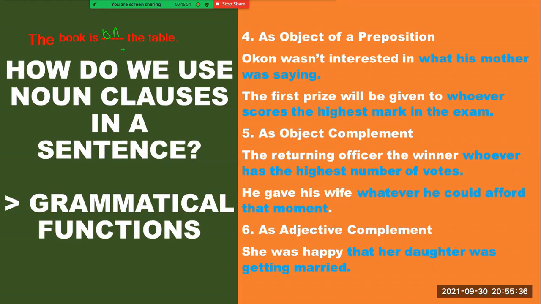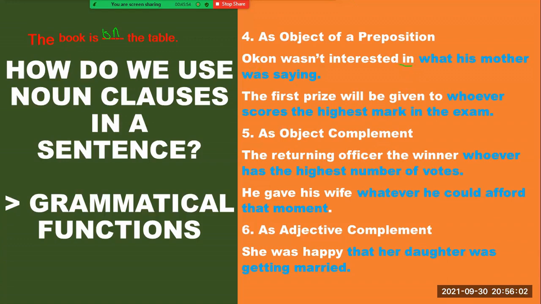All right, so this exactly gives you what a preposition is. Now let's look at how the noun clause functions as the object of a preposition. For example, Okon wasn't interested in what his mother was saying.